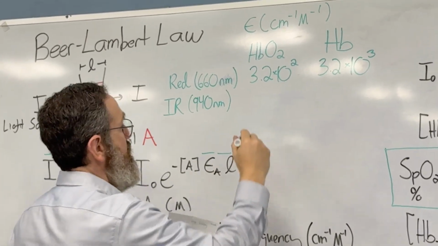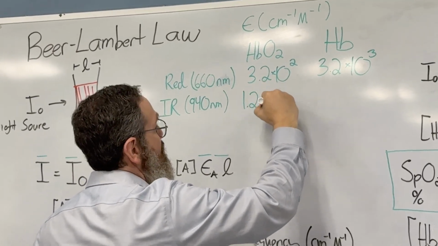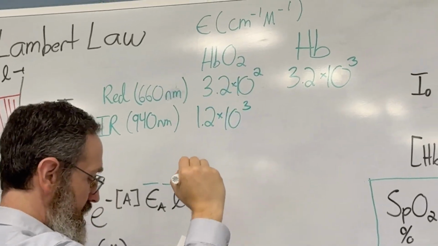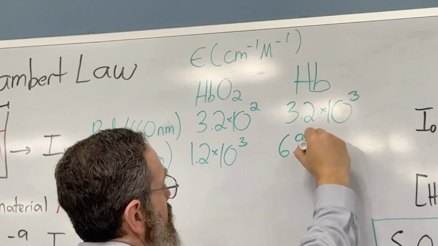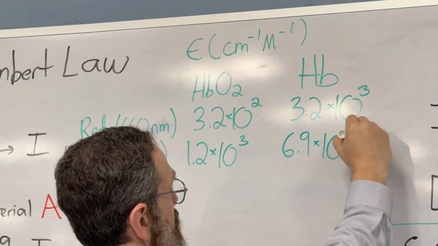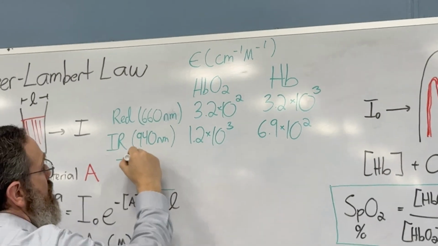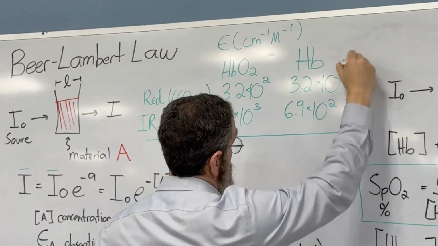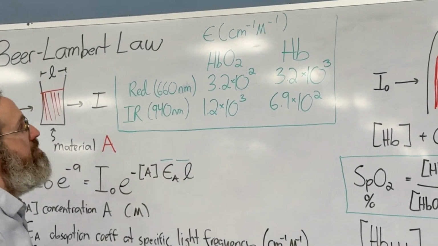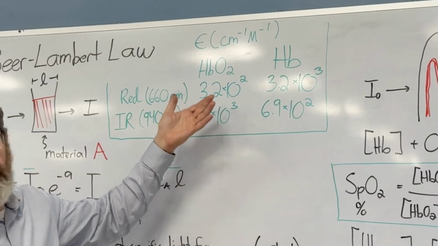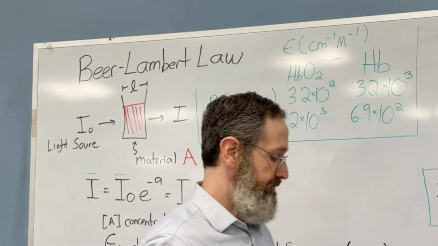The absorption is 1.2 times 10 to the third and 6.9 times 10 squared. All right, so put a box around it; this gives you some data that you can work with, and we'll look at this data later. Okay, now here's the question.